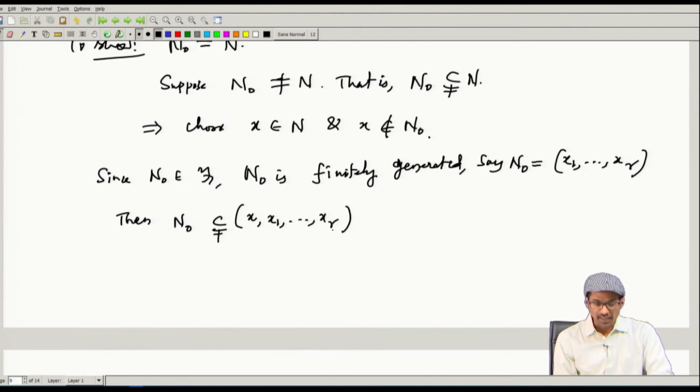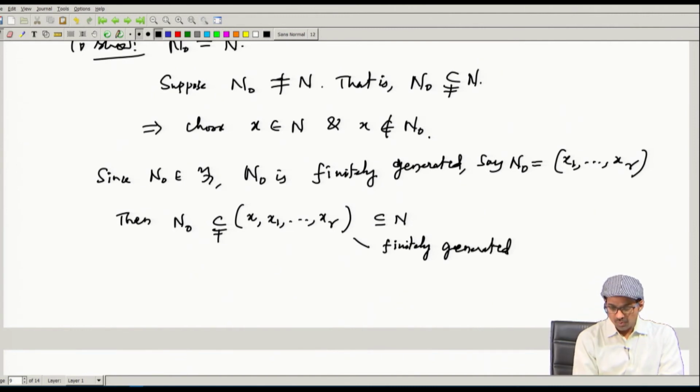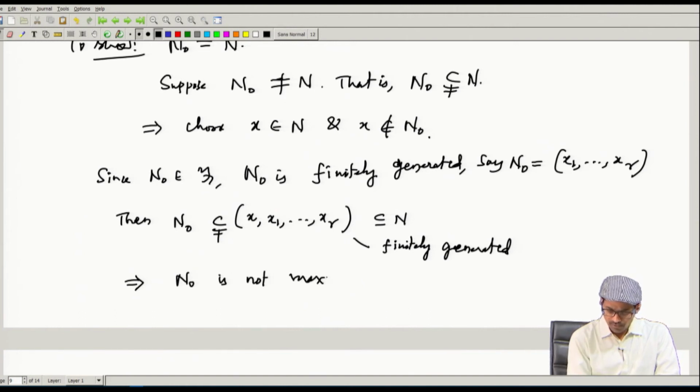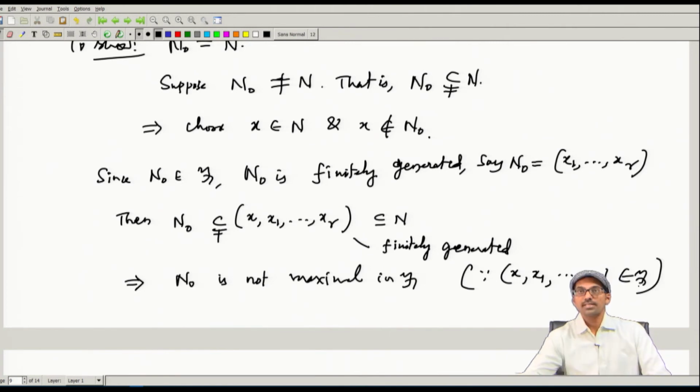Because x does not belong to N naught, and this is contained in N. This is a finitely generated submodule of N. So, that means this will force us that N naught is not maximal in F. The reason is that the module generated by x, x1 up to xr belongs to the family and it strictly contains N naught.